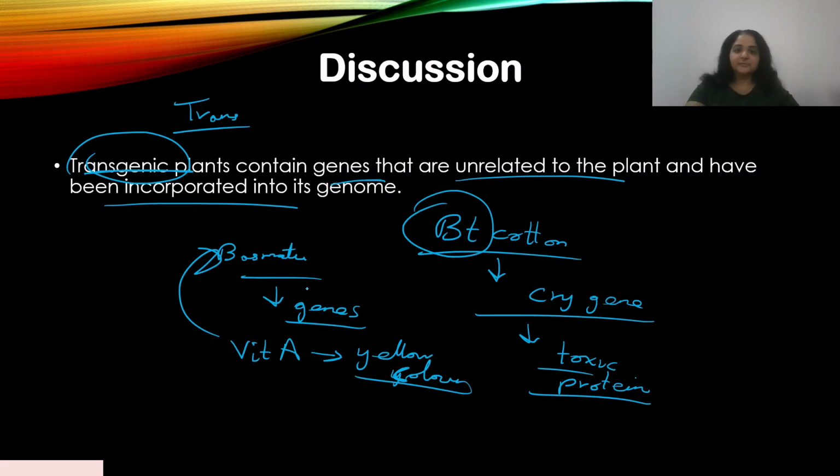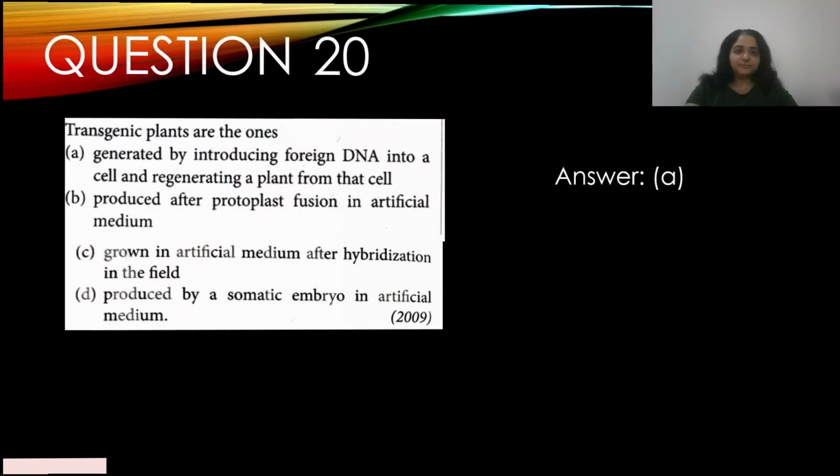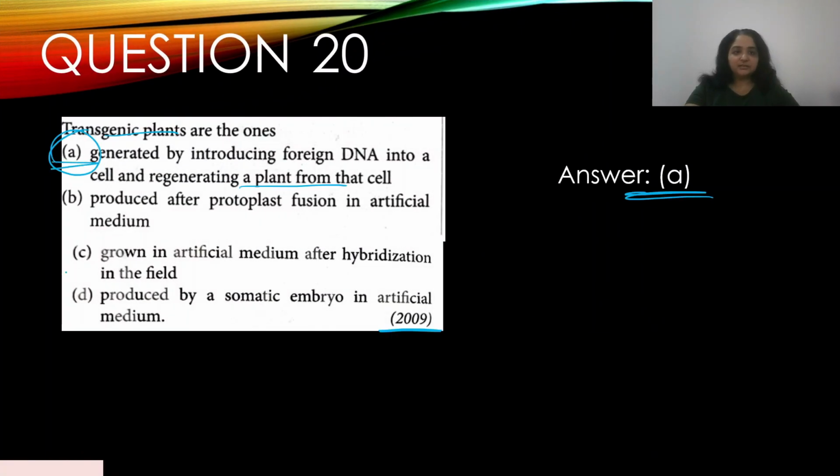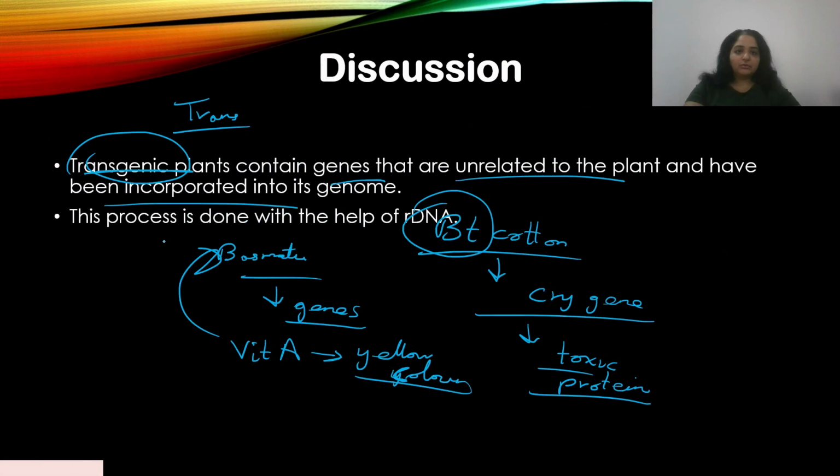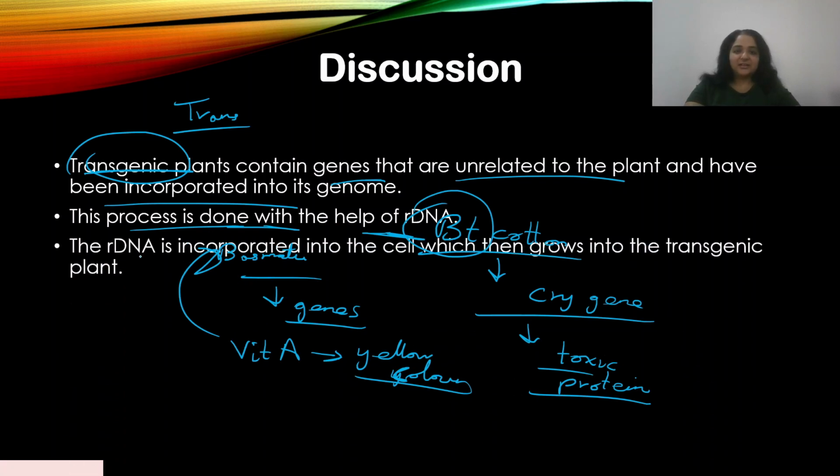That's what it is. So to answer your question, it is definitely A. B, C, and D don't fit into the description. This process is done with the help of rDNA. We already discussed the concept of rDNA previously, so you can go watch my videos on biotechnology principles and processes. The rDNA is incorporated into the cell, which then grows into the transgenic plant.